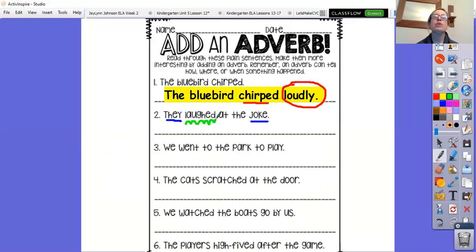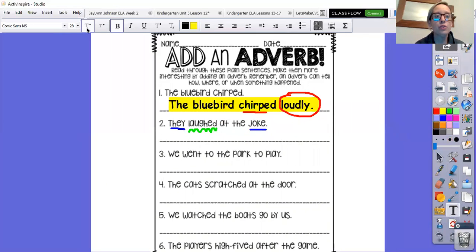How could we make this more interesting? They laughed at the joke. How did they laugh? Did they laugh loudly? Did they laugh quietly? Since I've already used the word loudly, I'm going to use the word quietly this time, okay? All right, so I'm actually going to make this font slightly smaller. So I'm going to copy the sentence.